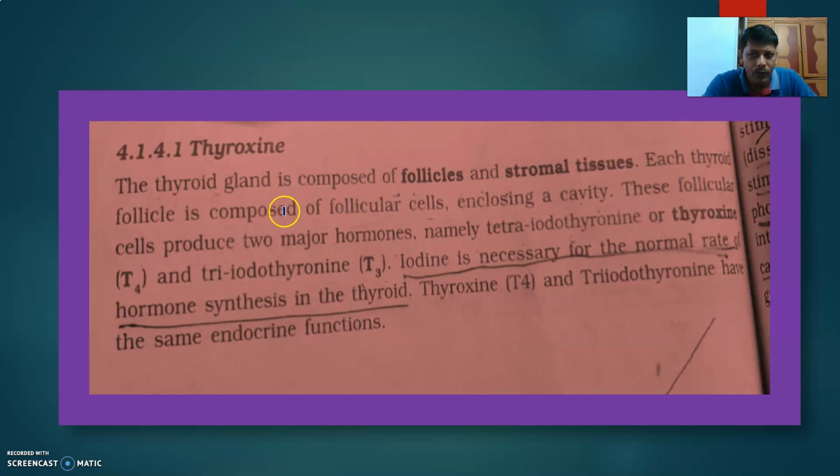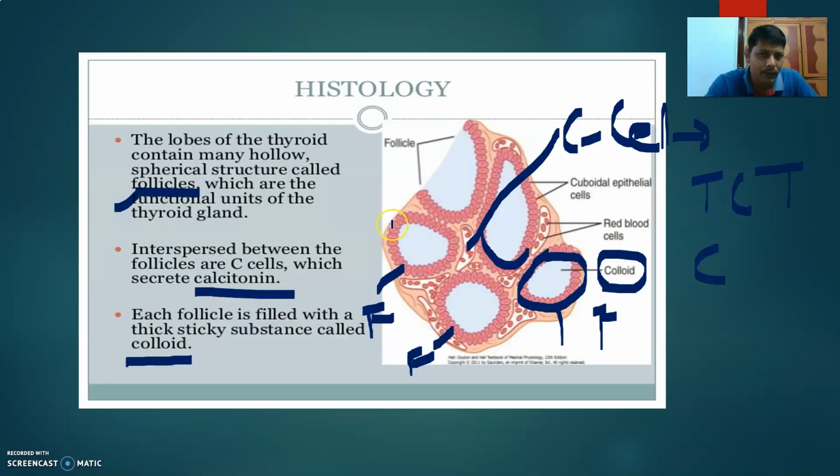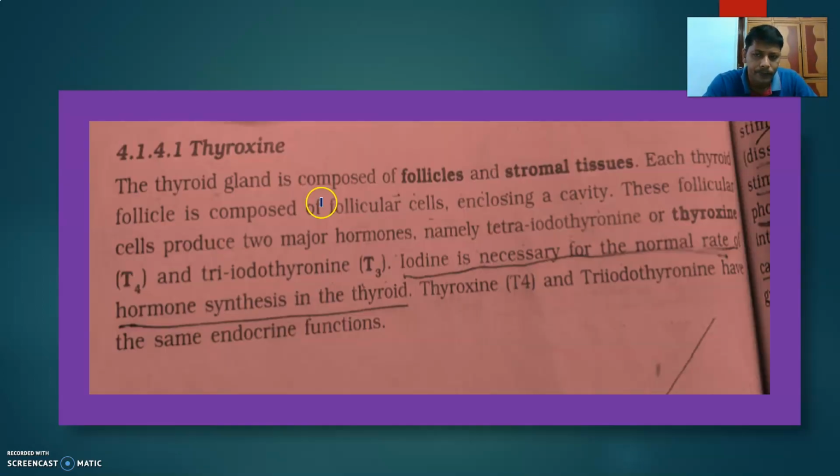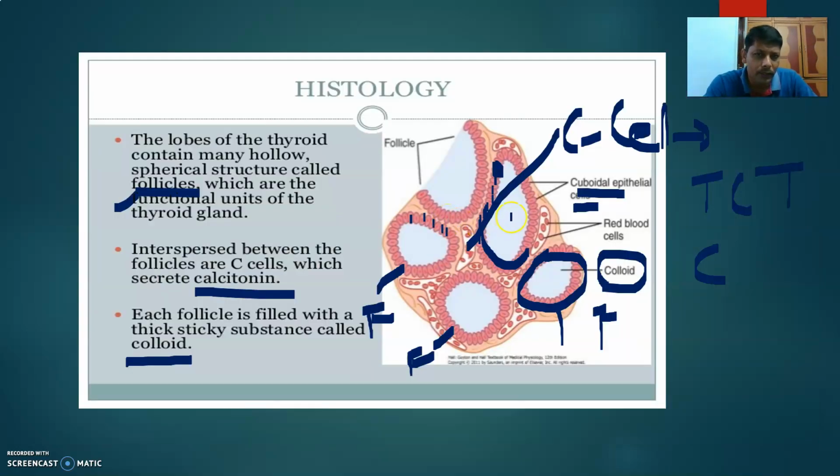Each thyroid follicle is composed of follicular cells. These are the follicular cells, which are cuboidal epithelial cells, enclosing a cavity.